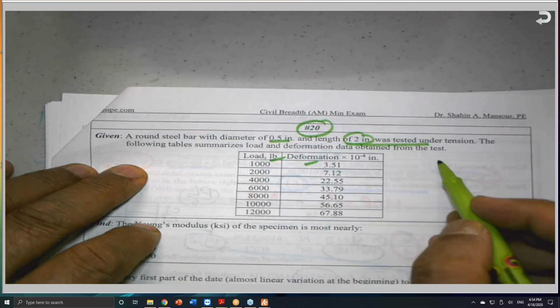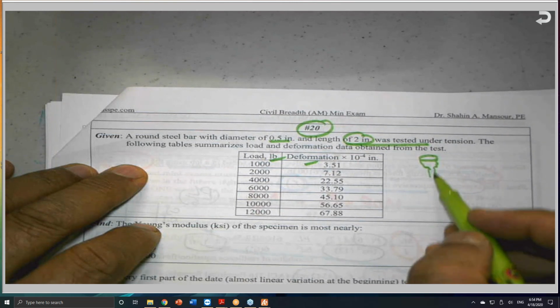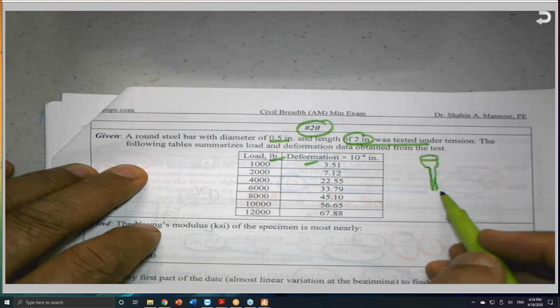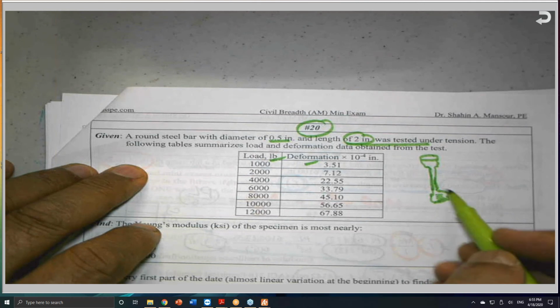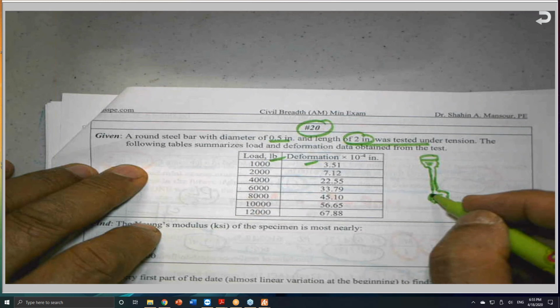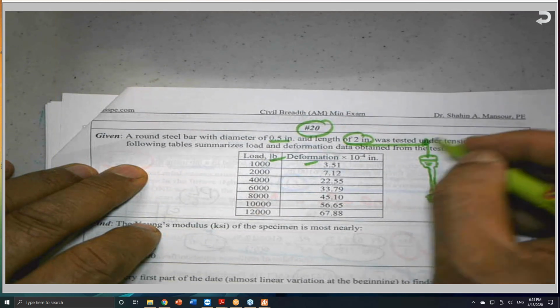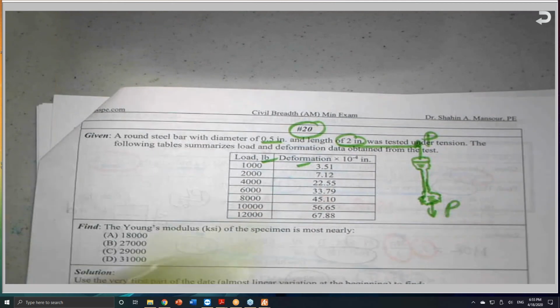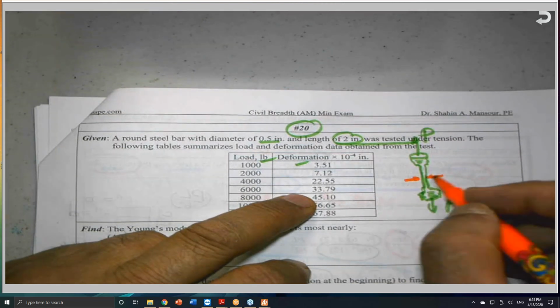So the specimen is like this. Sorry, my specimen is not the best specimen in the world. We apply the load like this, tension. So we measure the diameter, and from the diameter we can calculate the area.